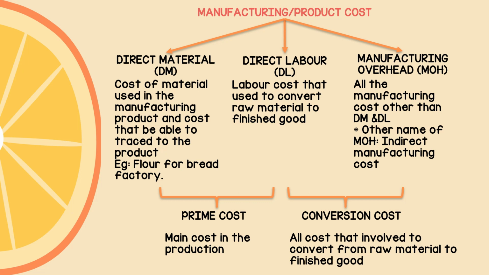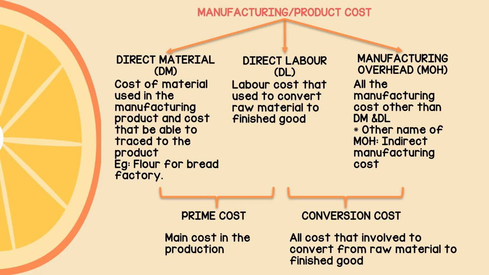Next is direct labor. Direct labor is the labor cost used to convert raw material to finished goods. This is only for the labor that is involved in the production processes. For example, a baker in a cake shop, and etc. Next, we have manufacturing overhead.